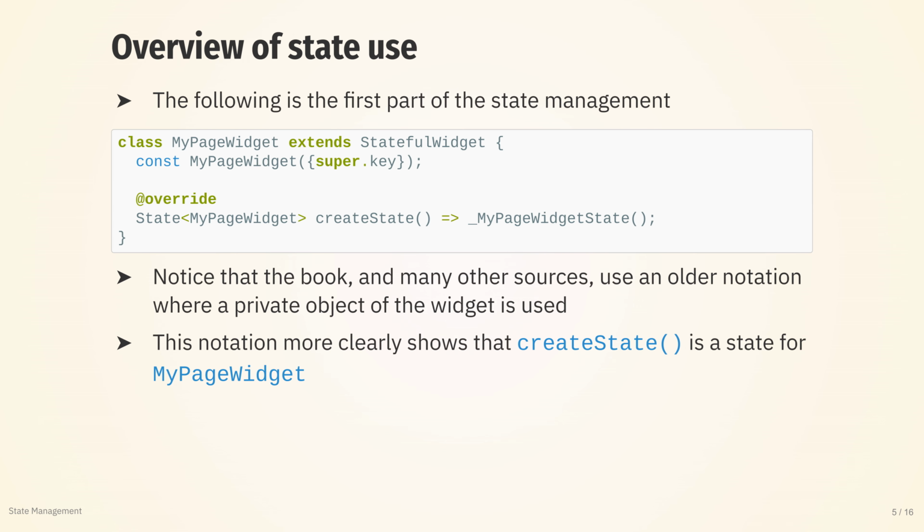When we create the stateful widget, we will get something similar to what we can see over here. We have some class here, myPageWidget, which extends stateful widget. This one has basically just one part, an override from the stateful widget for createState, which will return, as we can see over here, a state for the myPageWidget. And this state is contained in another private class that's called myPageWidgetState.